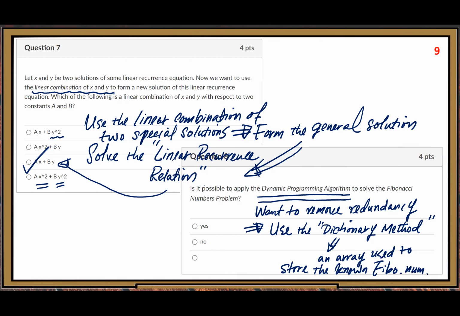And that method, we call it the dynamic programming algorithm, basically a dictionary method.